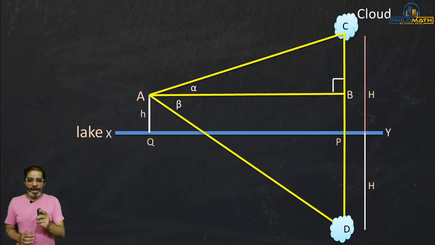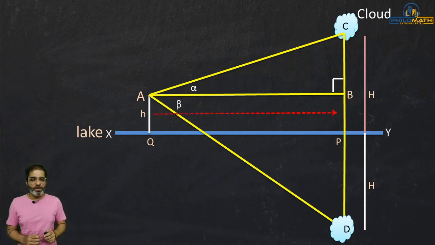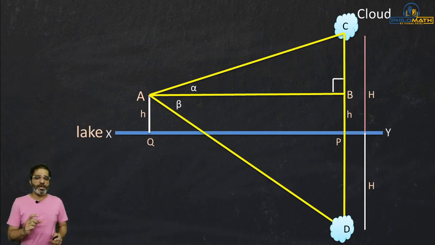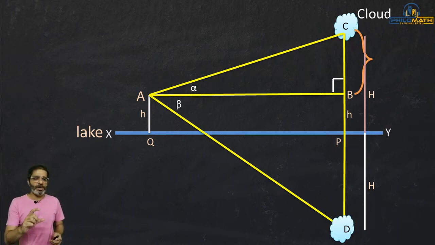Now have a look at quadrilateral AQPB. So quadrilateral AQPB is nothing but a rectangle. So I can say that opposite sides are equal. So if AQ is small h, BP is also going to be small h, right? So we have capital H and small h. Now have a look at triangle ABC. If I want to find out CB, see the figure carefully students, that is going to be capital H minus small h.